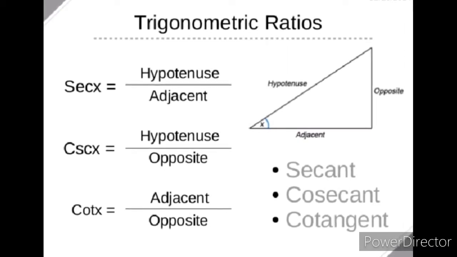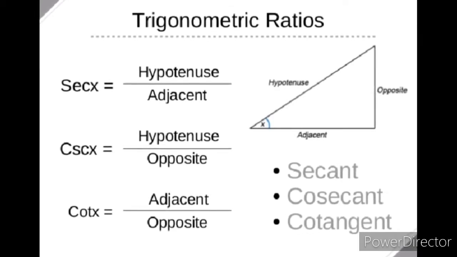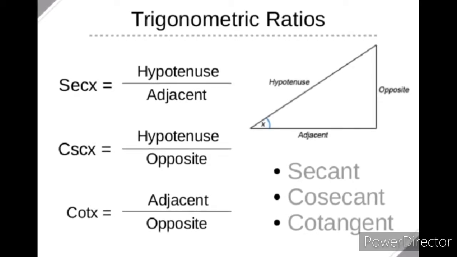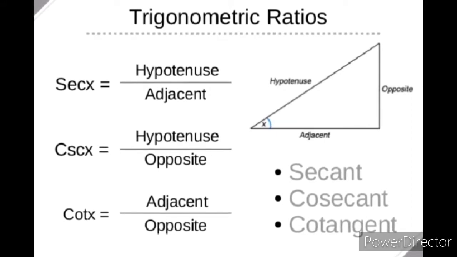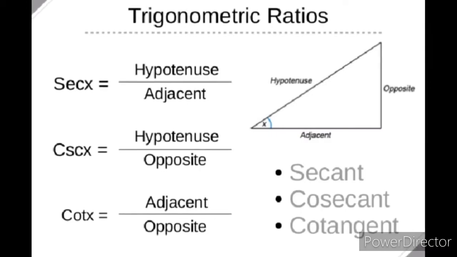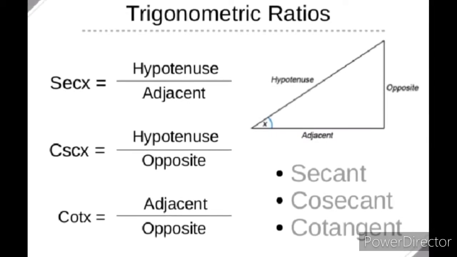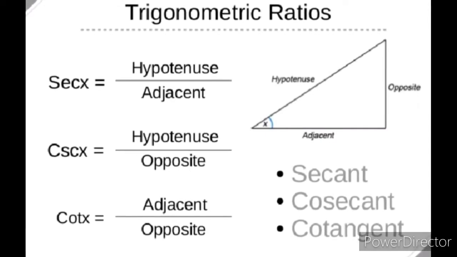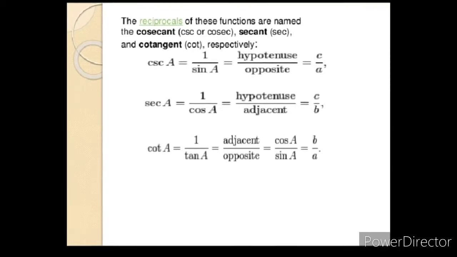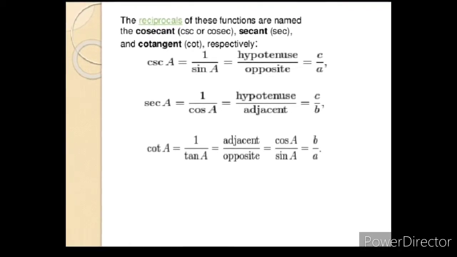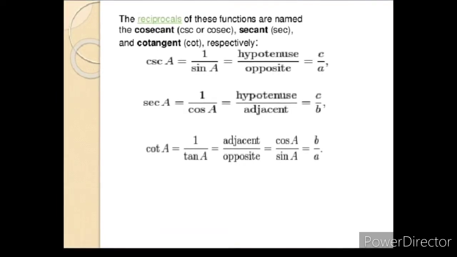The remaining three trigonometric ratios, children: secant x is equal to hypotenuse by adjacent side, cosecant x is equal to hypotenuse by opposite side, cot x is equal to adjacent side by opposite side. Observe here, there are 6 trigonometric ratios. The reciprocals of these functions are named the cosecant, secant and cotangent respectively.